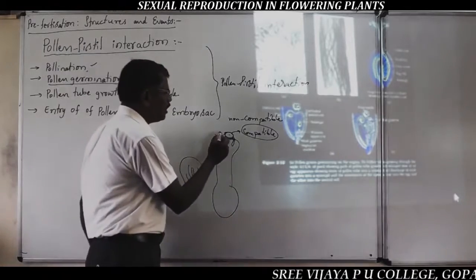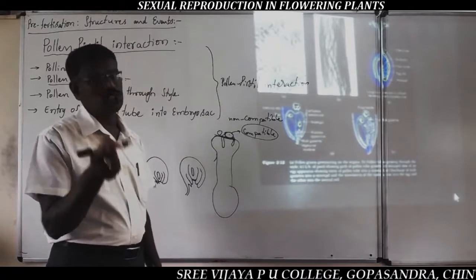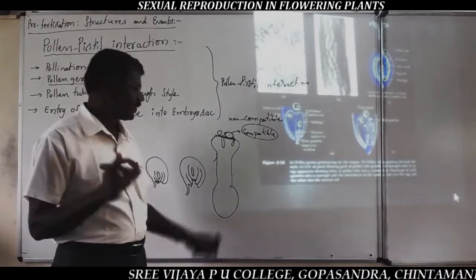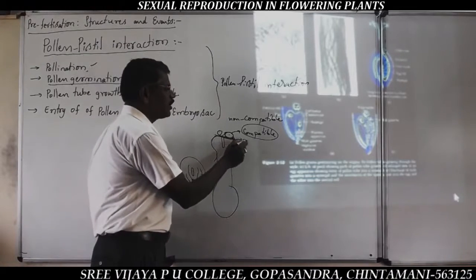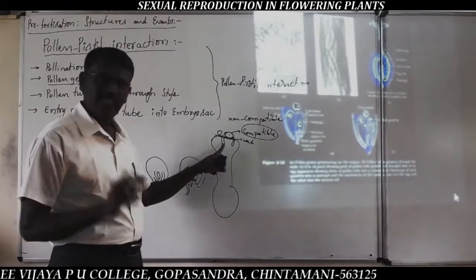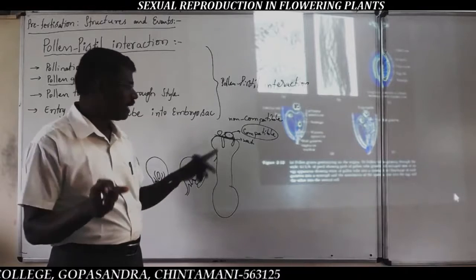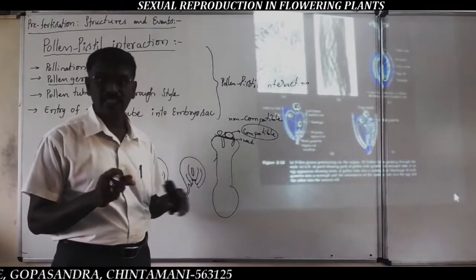At the time of pollination, certain exudates are secreted by the cells of the stigmatic surface, because the stigmatic surface is in a wet condition.